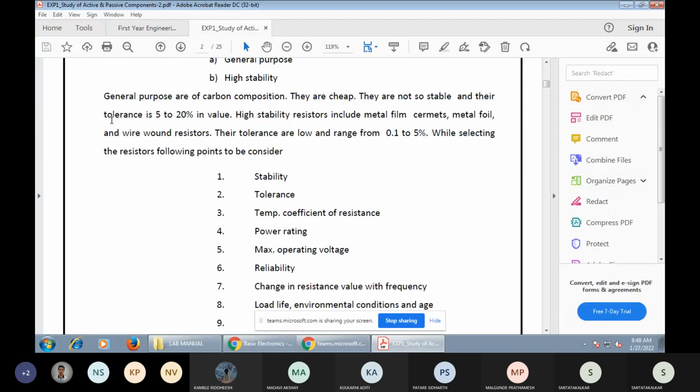Then a resistor wire requires a tolerance, 0.1% up to 5%. 0.1% is a particular resistor, but you can use the color coding. According to the color coding, the tolerance must be gold color or silver color.